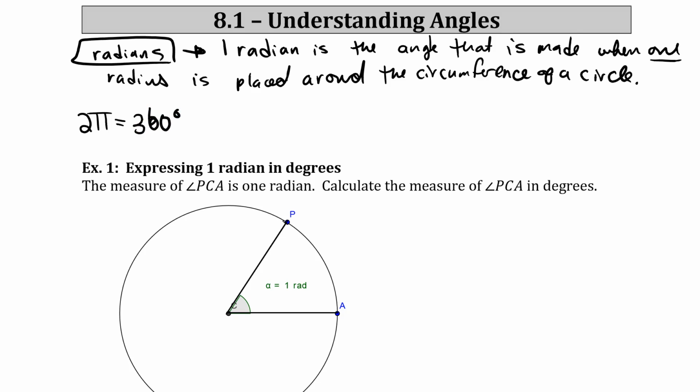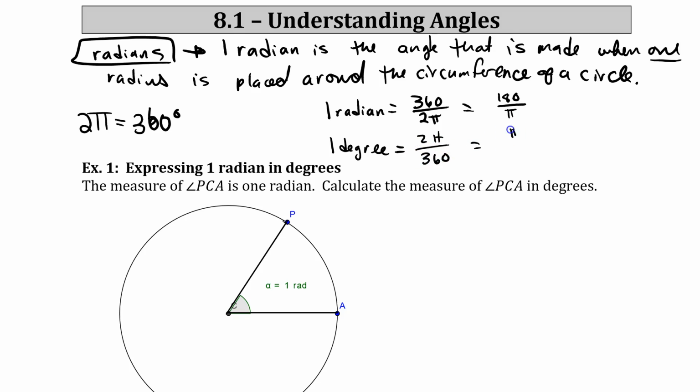So that means that 1 radian is, I'm going to divide both sides by 2 pi, 360 divided by 2 pi, or we can say 180 over pi. And that means that 1 degree is 2 pi over 360.